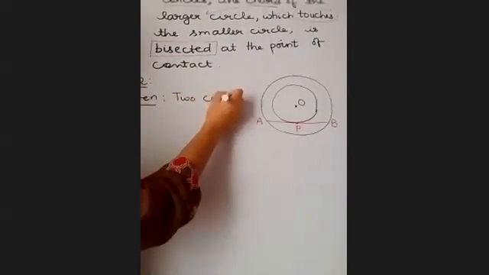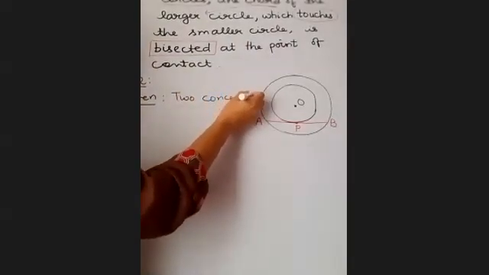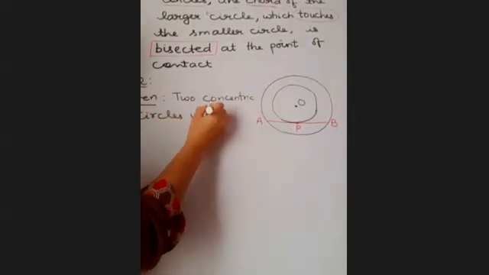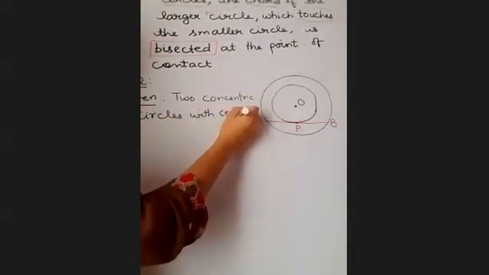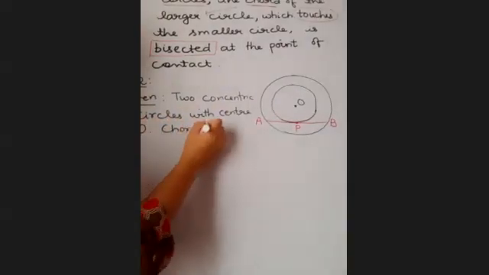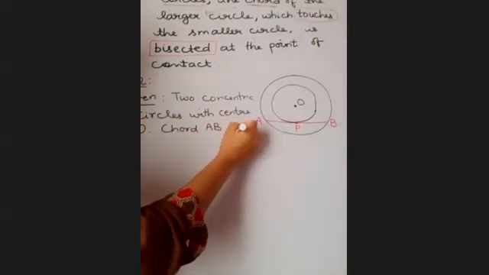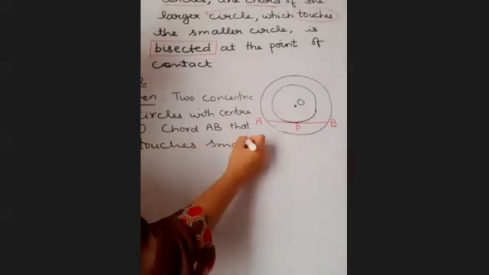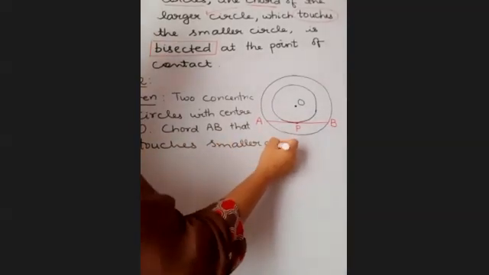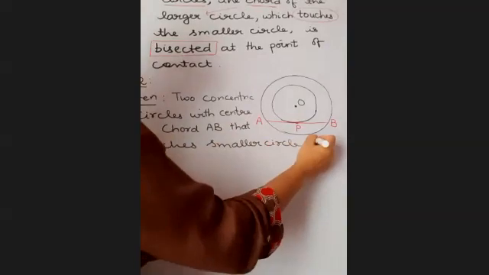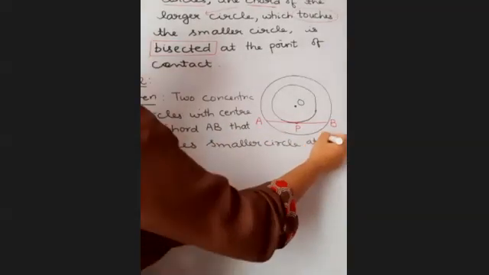So we are given two concentric circles with center O, chord AB that touches the smaller circle at P. Clear?